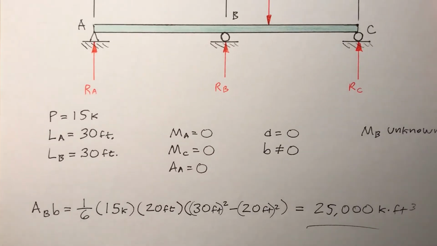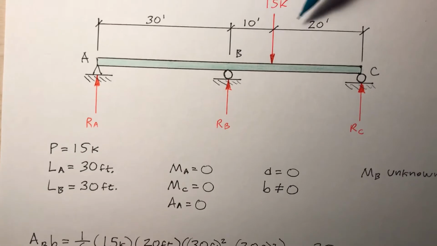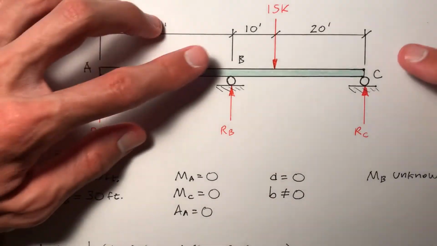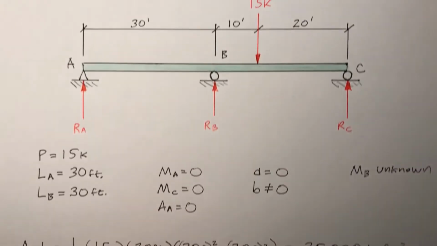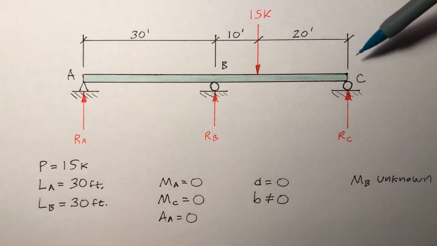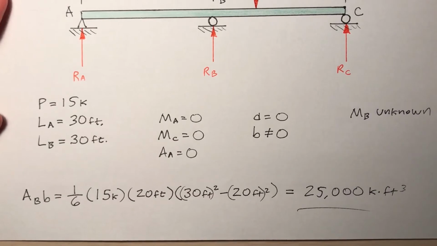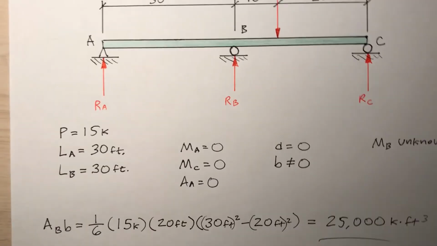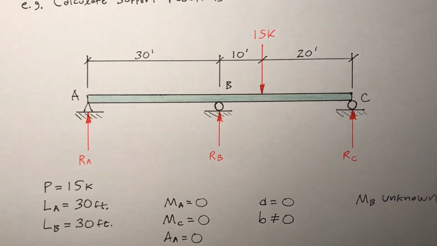That's what I'm doing down here. 1/6 times P times x sub 2, that's this distance here, times 30 squared minus 20 squared. 30, that's the length of the span between B and C, minus 20 squared. 20, that's the distance from the right support to the load, P. So 25,000 kips times cubic feet. I believe I have all the information I need to stick into the formula.